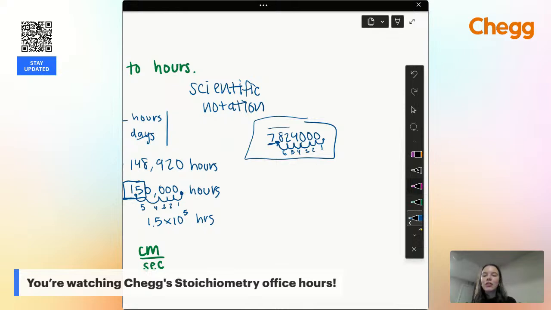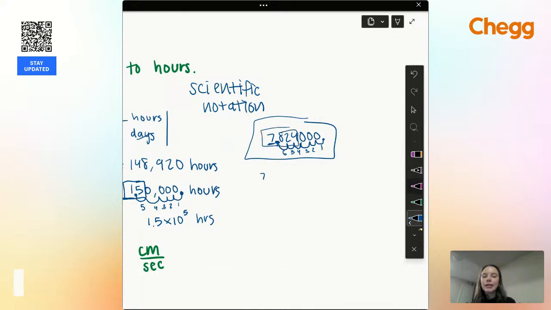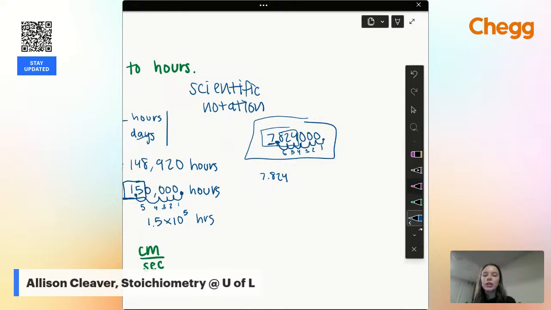So we take all of our non-zero numbers, we write them with the decimal 7.824, and then we do times 10 to whatever power of those number of little wedges or humps that we counted. So 7.824 times 10 to the 6 would be our answer for that scientific notation. Is that making sense to everyone?